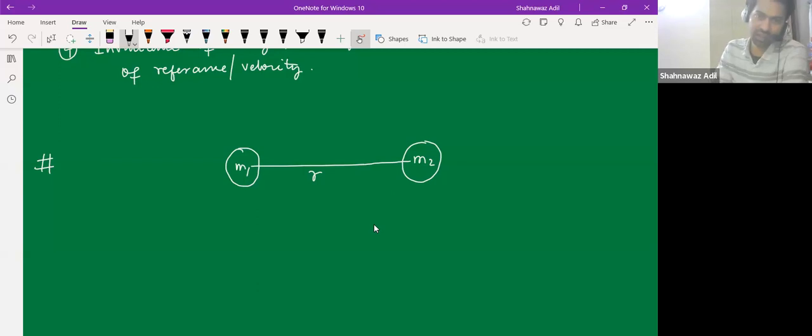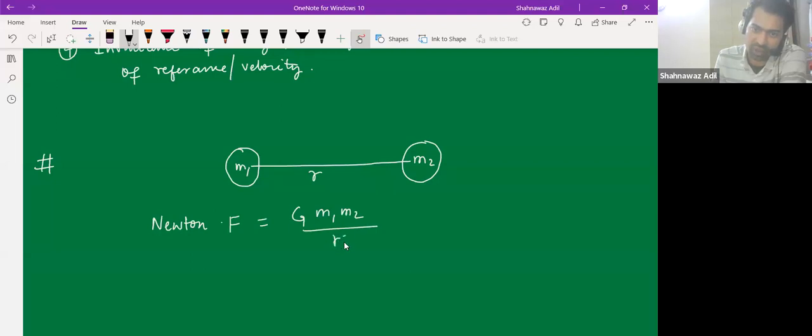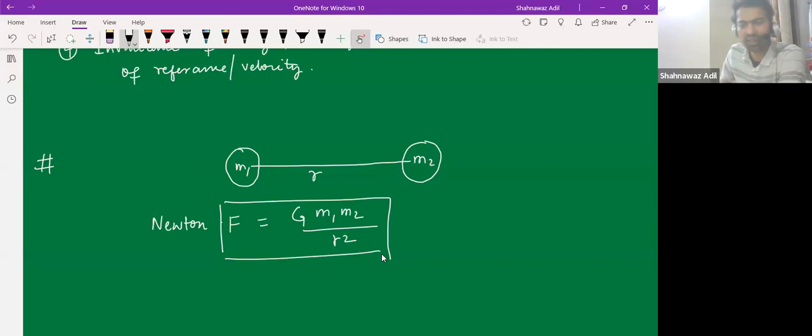There is Newton's law which says that they will feel attraction, given by the Newton force, which is equal to G m1 m2 by r square, right? So this is the force of gravitation.